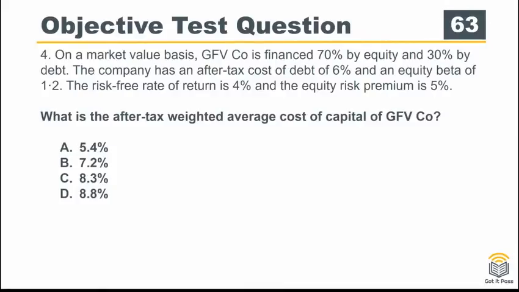We got the after-tax cost of debt, which is 6%. So we need to find out the cost of equity first. In this question, there's no dividend information and no dividend growth rate provided. In other words, you have to use the capital asset pricing model to work out the cost of equity.